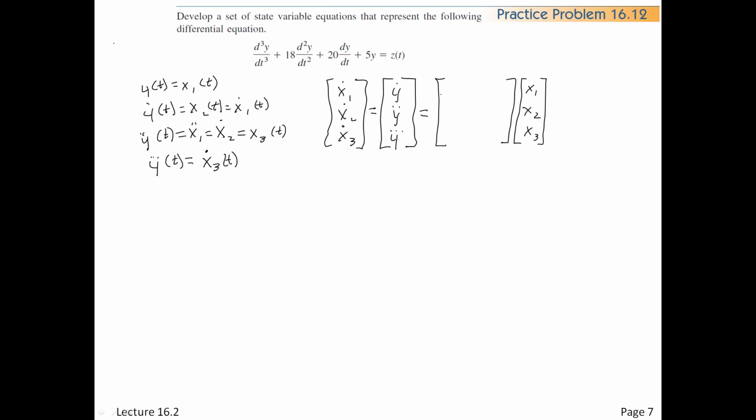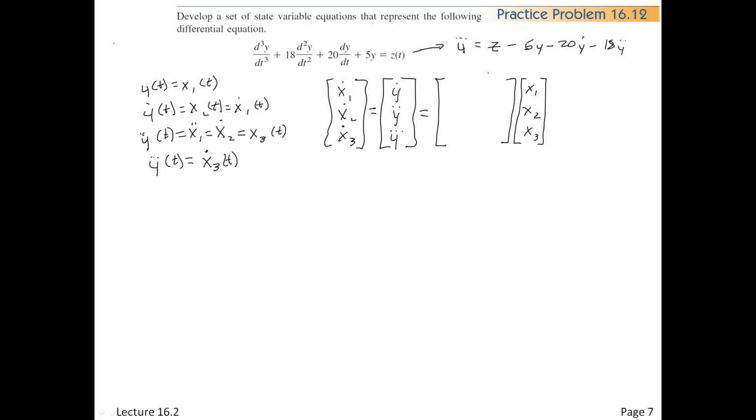We can fill this out from the equation. In fact, what's really happening is we've already got two parts of this by defining the state variables. So all we're going to do is take this equation and look at it this way: y triple dot is equal to the output z minus 5y minus 20 y dot minus 18 y double dot.